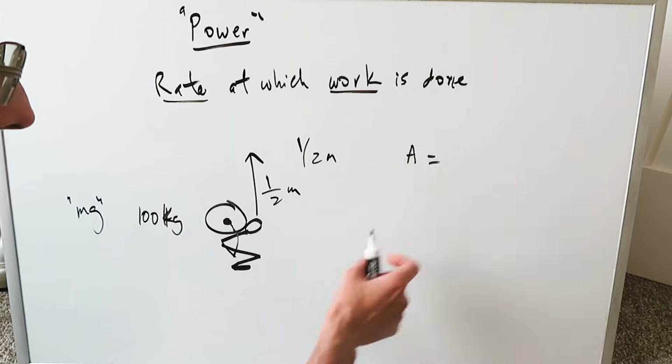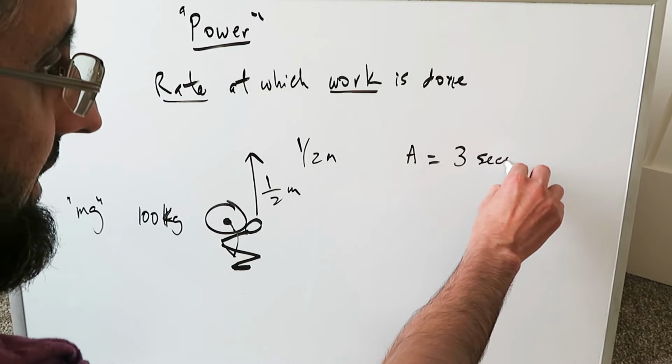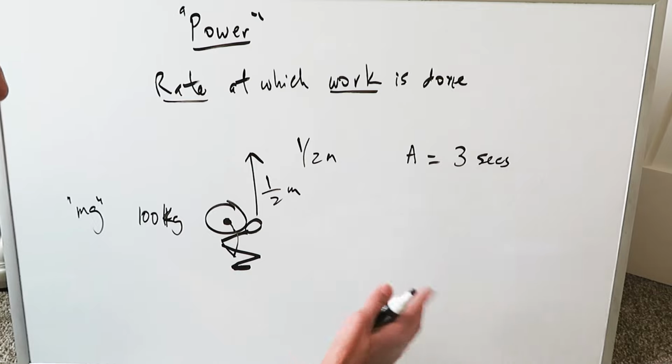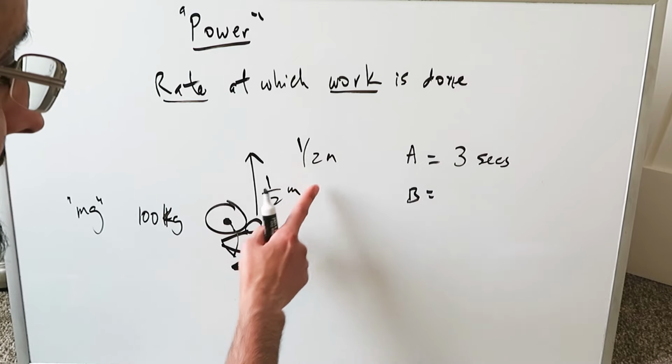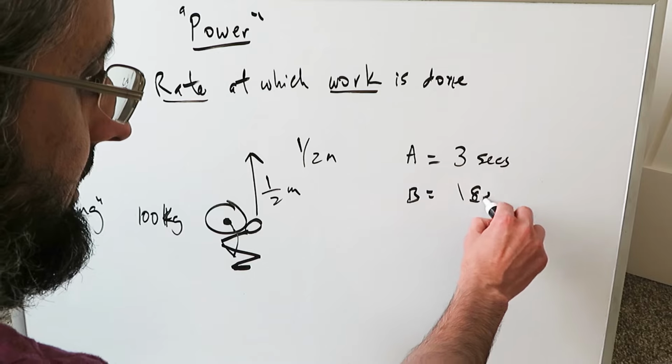Person A squats in a very slow manner, and takes 3 seconds. They're probably doing a very slow movement to burn the muscle, and by burning I mean to get maximum calorie burn. Person B squats this weight, 100 kilograms, over a distance of half a meter in 1 second.